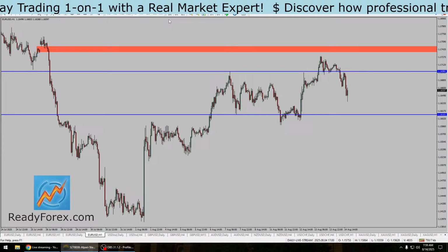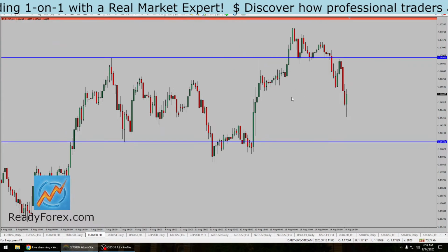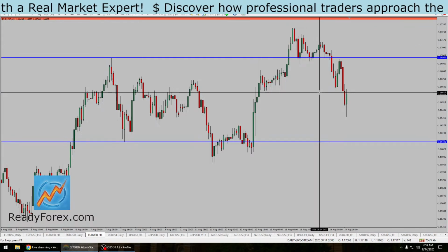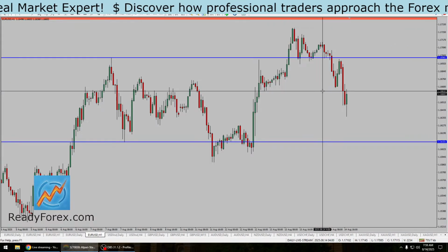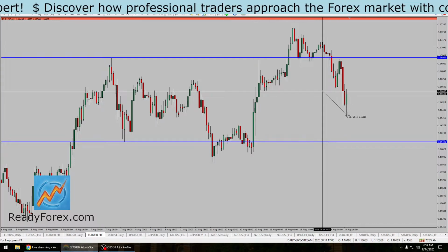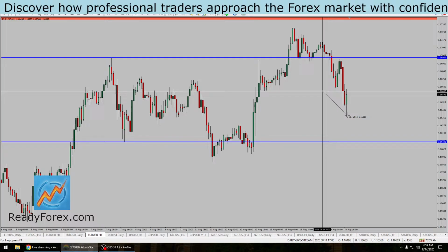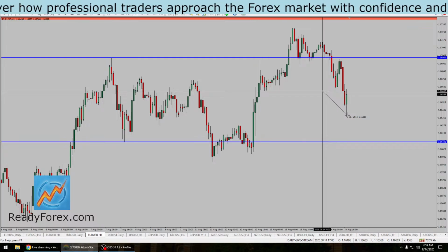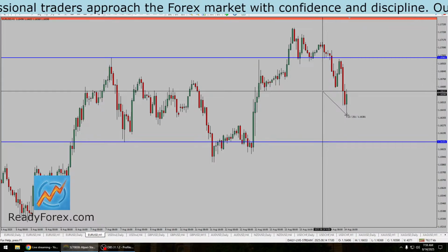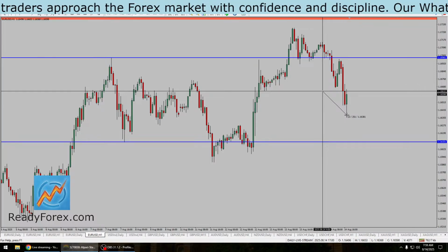So euro dollar, let me tell you straight, at this point in time euro dollar is trying to break lower. Okay, this is the support right over here, and we got a drop in price action. This looks like to be a deeper pullback over here, and things usually turn to the upside.